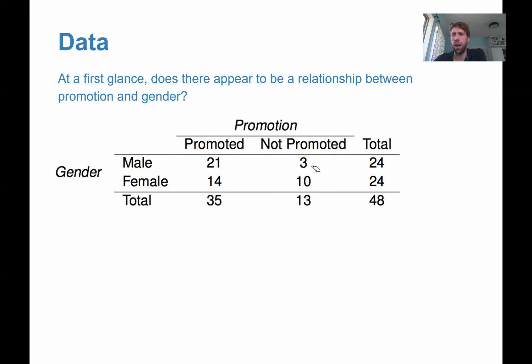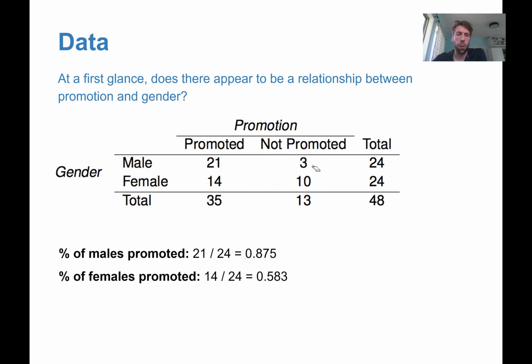We want to look at how big the difference is. One way to look at that is to change fractions into decimals, which is one way to start comparing the numbers a little better. 21 out of 24 is 0.875, otherwise known as 87.5%. The percent of females is 14 out of 24, which is 0.583, otherwise known as 58.3%.